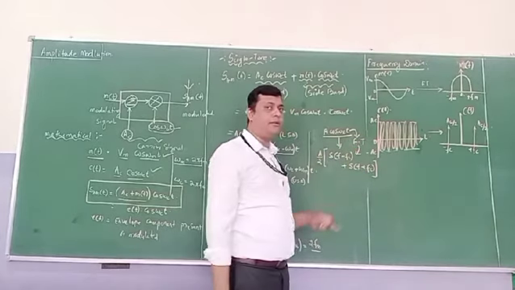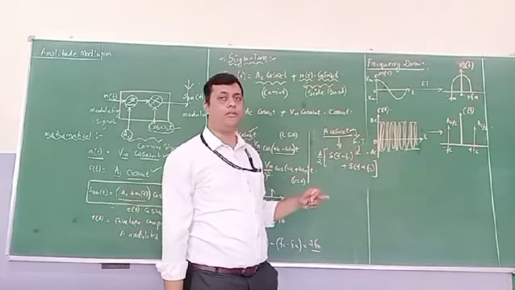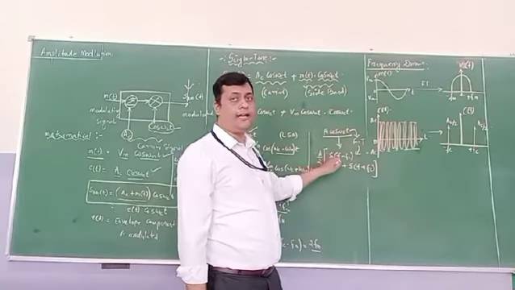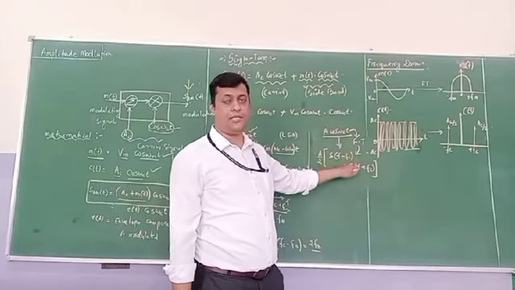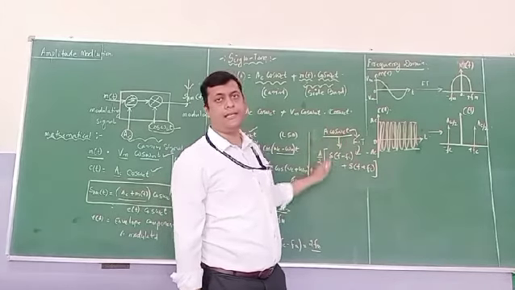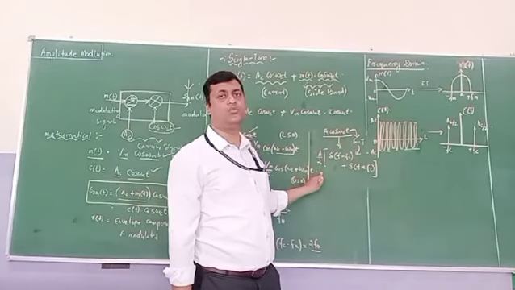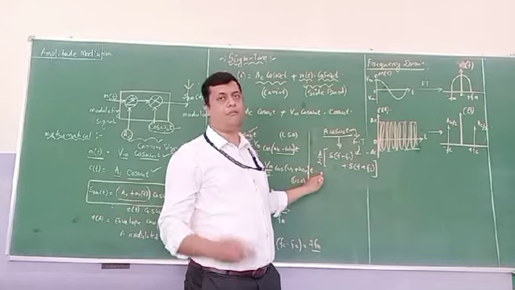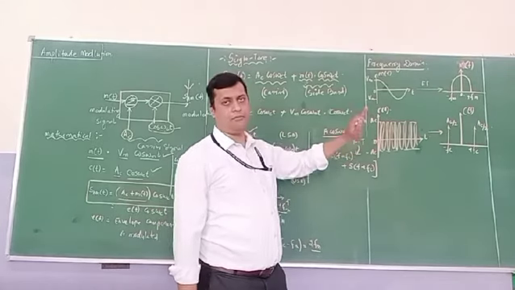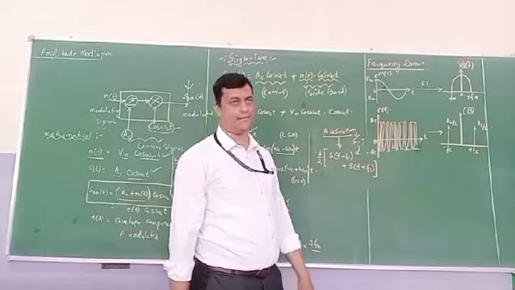If you convert cos omega ct into a Fourier transform, you will get A by 2 times delta of f minus fc plus delta of f plus fc. If it is a sine wave, here it will be A by 2j, which means an imaginary component is available. Now this is the carrier component and this is the message signal.